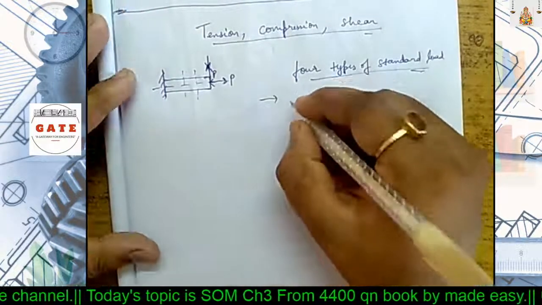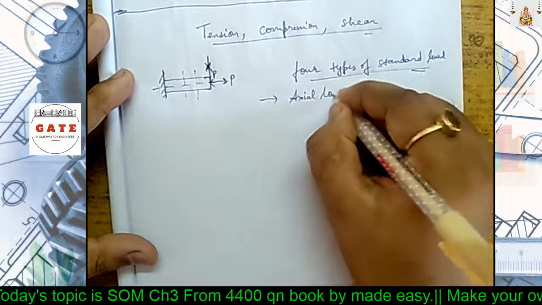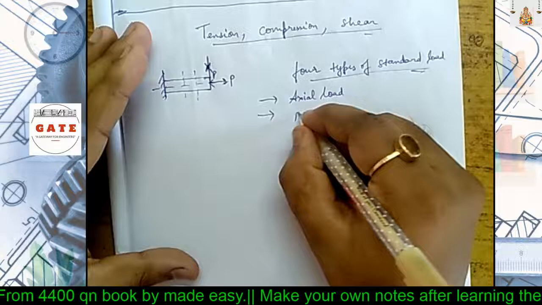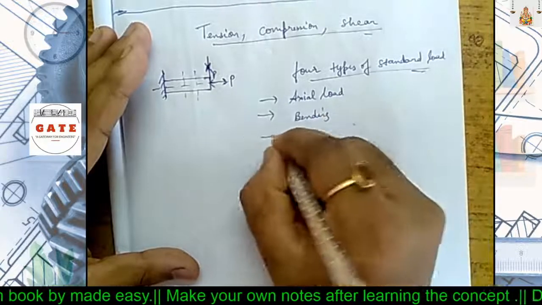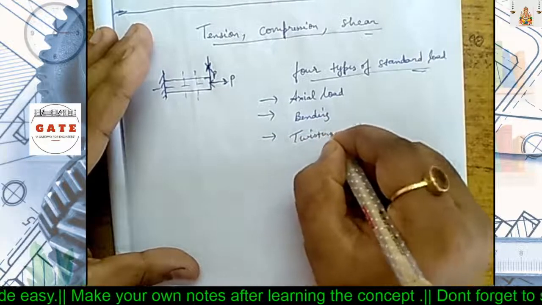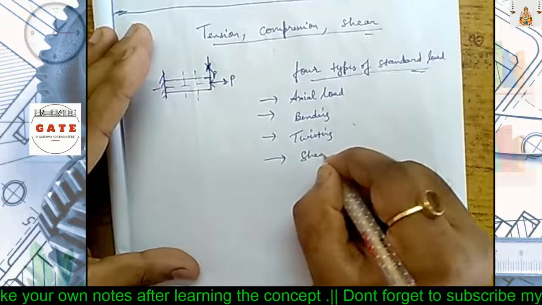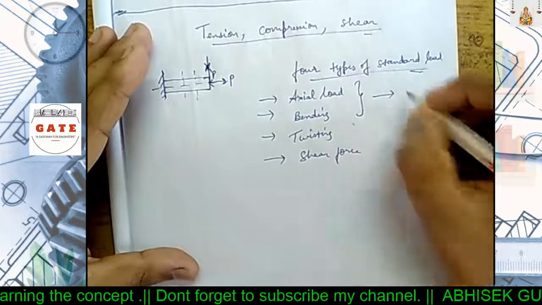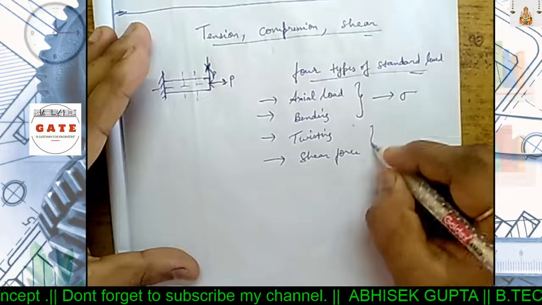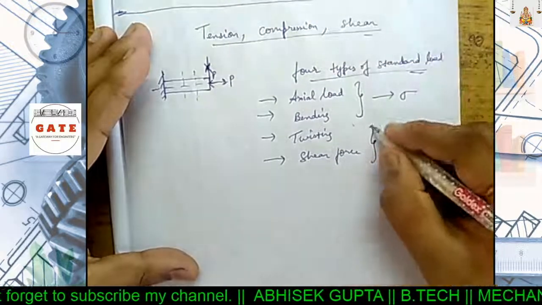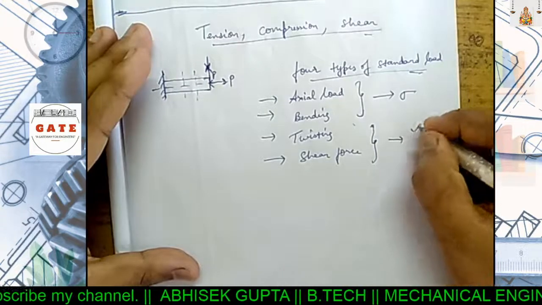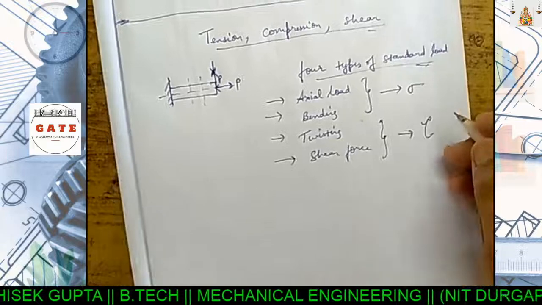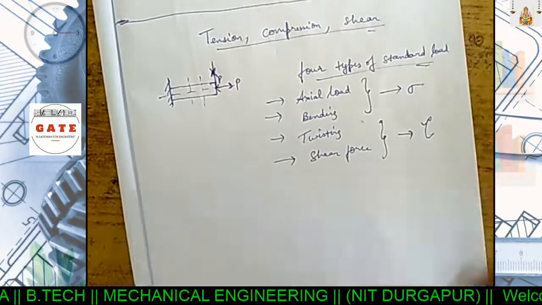First one is axial load, then bending, then twisting, then shear force. These two comprise normal stresses, that is sigma, and these two will produce shear stresses, that is tau. So axial load, bending, twisting, shear.